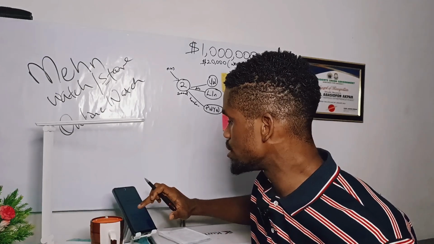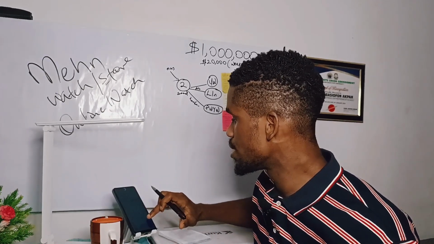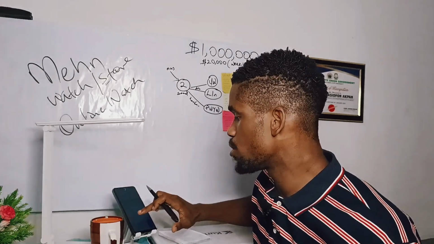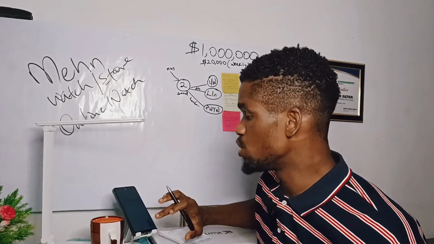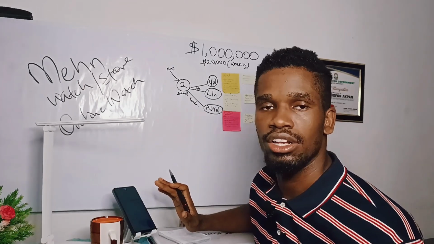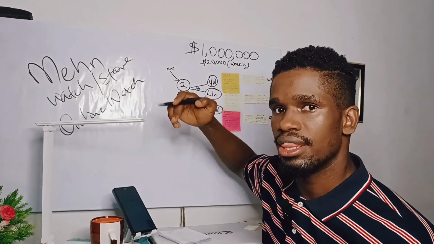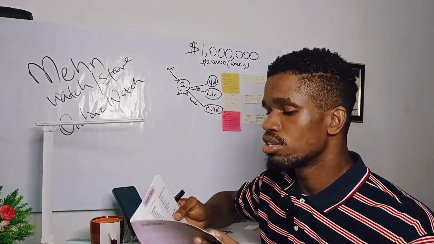If you break 84k down further, divided by 4 since we have 4 weeks in a month, that's 21k every week. Definitely at the end of the month, you'll reach your milestone.